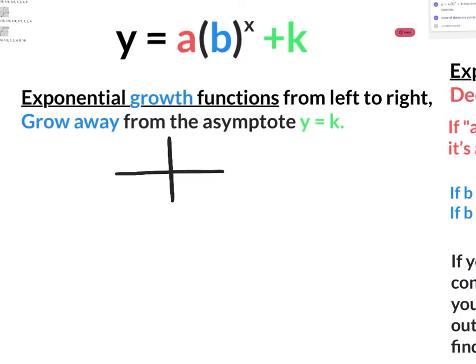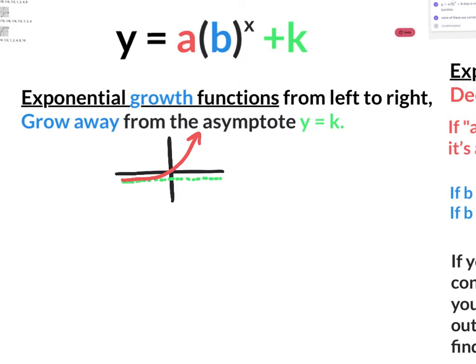Let's say my asymptote is at y equals negative 1. So it crosses the y-axis at negative 1. I usually draw it as a green dotted line. And let's say it's a growth function. That means that from left to right, it will grow away from the asymptote.